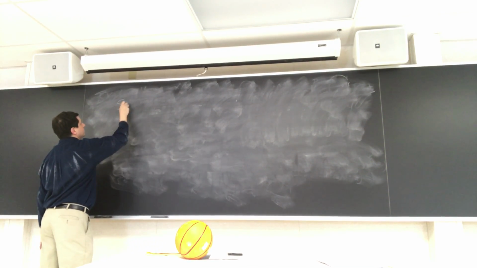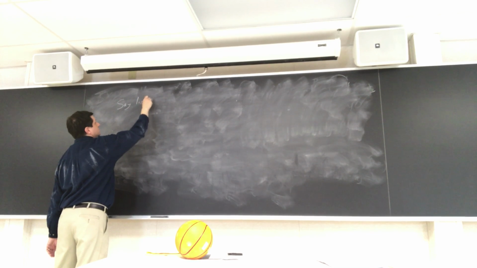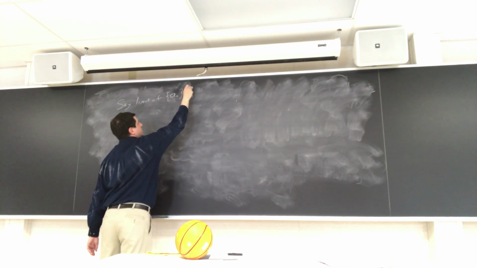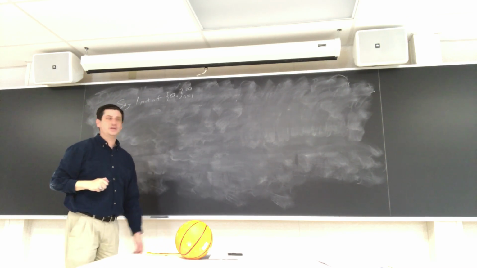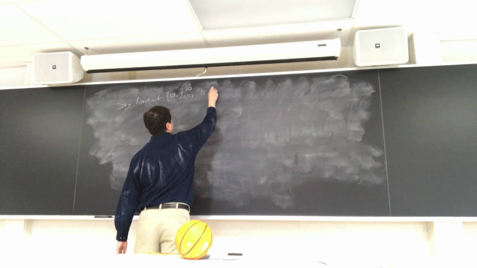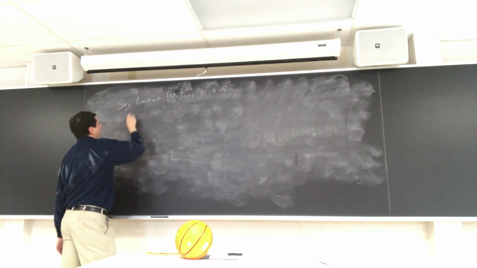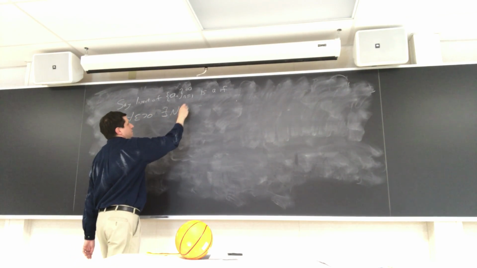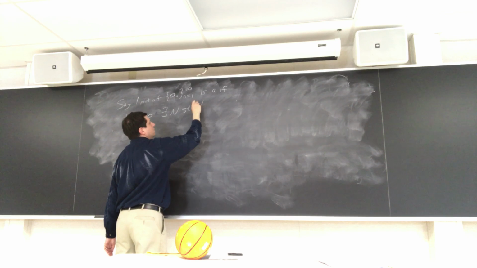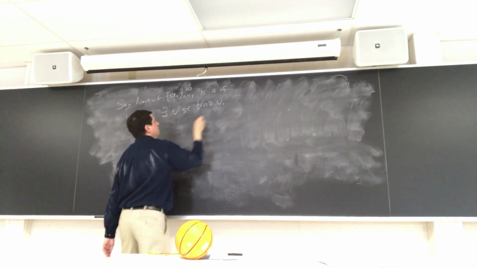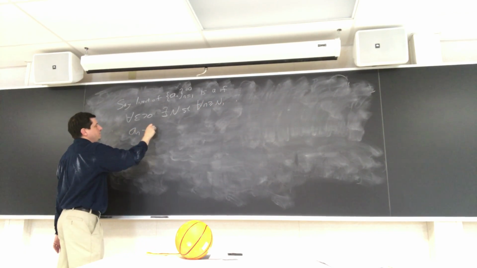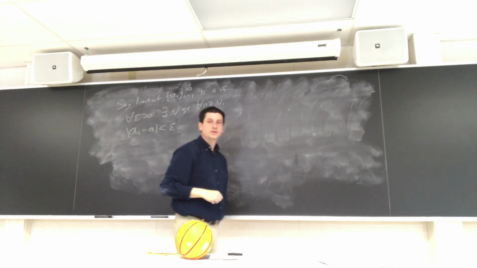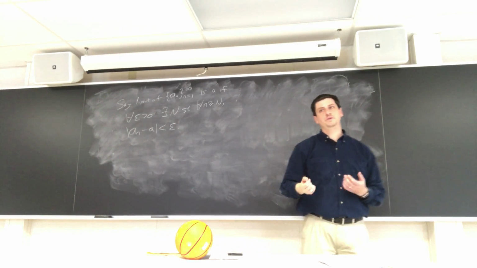We say the limit of a sequence, say a_n, sometimes we start at 1, sometimes we start at 0, is a if for all epsilon greater than 0, there exists an N such that for all n greater than or equal to N, the difference between a_n and a is less than epsilon. So the way you should view this is we're playing a game.